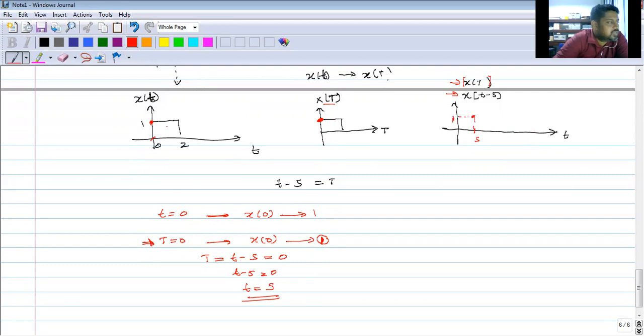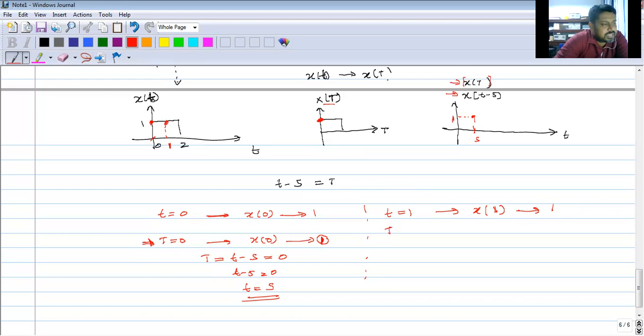Let's say you take another middle value here, 1. It is also 1, no? So now T is equal to 1. x(1) also has the value 1. This is the value for x(1).